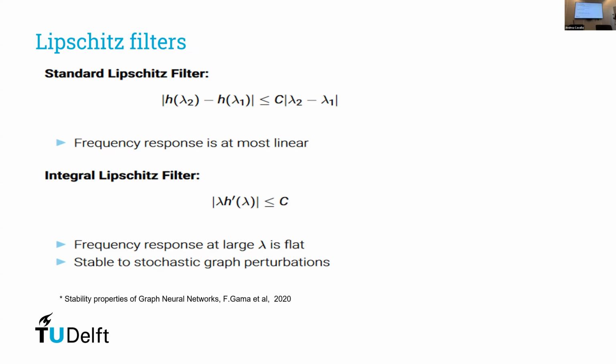But if you talk of the integral Lipschitz filter, you have a filter whose response is flat at high eigenvalues. So at best sublinear, in the case that for high eigenvalues, the filter response doesn't change very much. So we would prefer that the filter be integral Lipschitz, because that's more stable to stochastic perturbation.